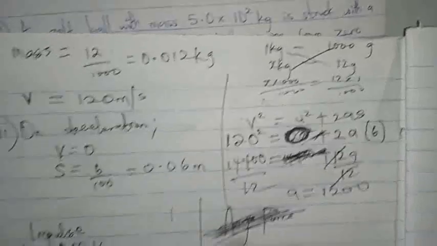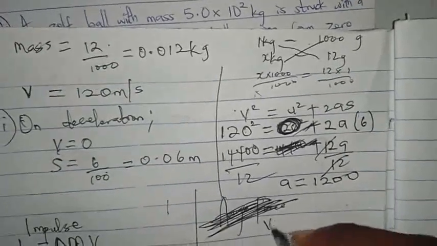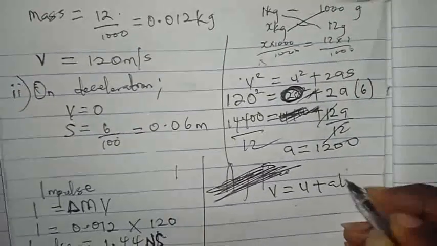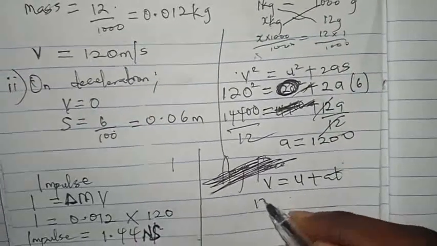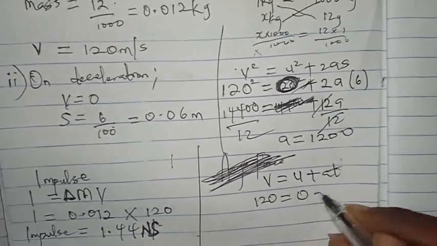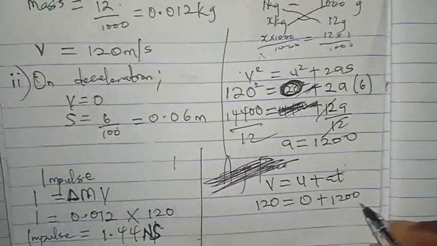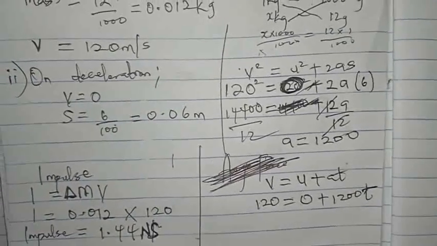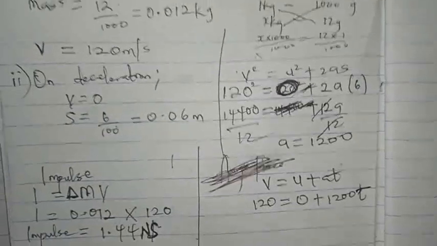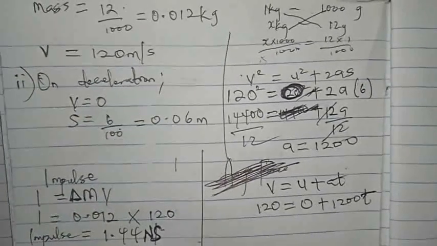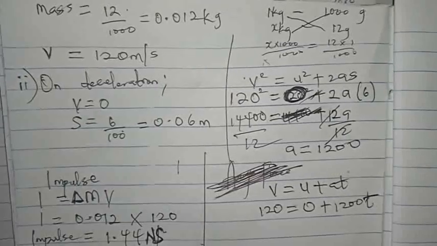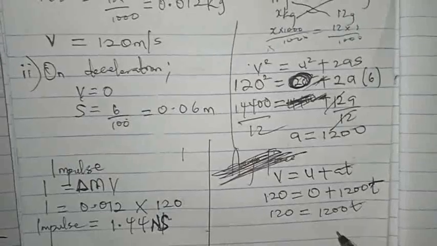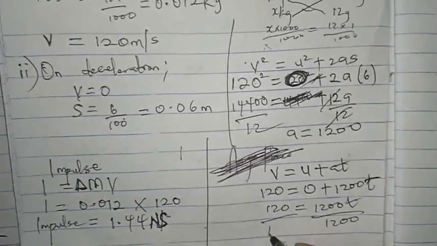So if we get A to be 1,200, to find the time now, we use the first equation of kinematics, V equals U plus AT. So we now have 120 equals 0 plus 1,200 T, which is the same as 120 equals 1,200 T. So divide both sides by 1,200.